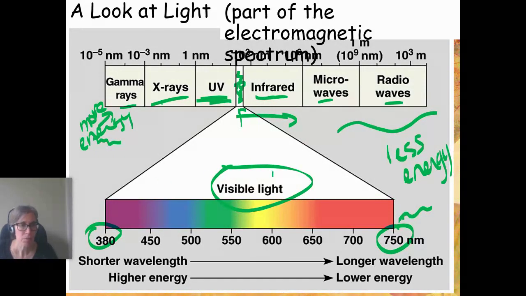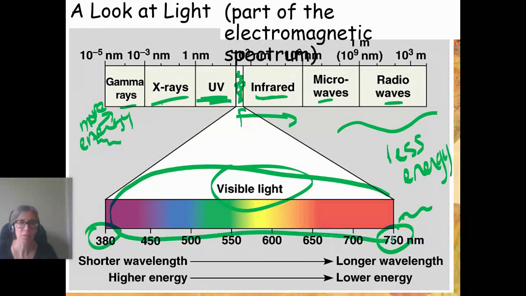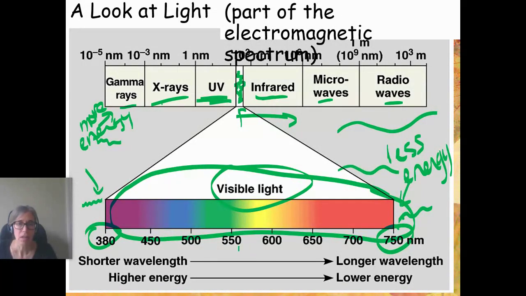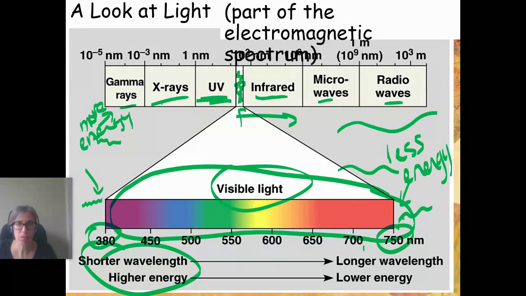But we do have receptors in our eyes that can recognize visible light. And so that's this. So the shorter wavelengths are over here, and then the longer wavelengths are over on this end. And again, the shorter wavelengths are higher energy wavelengths of light, and then the longer wavelengths are lower energies of light.